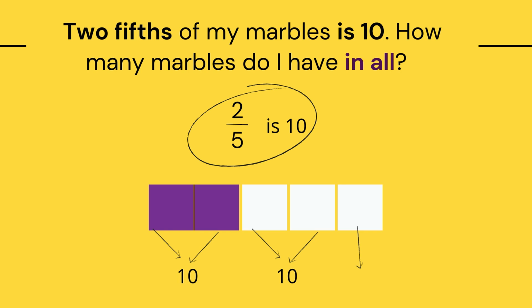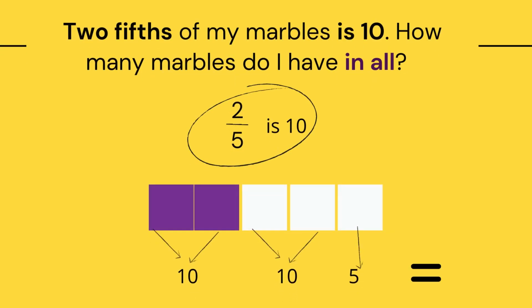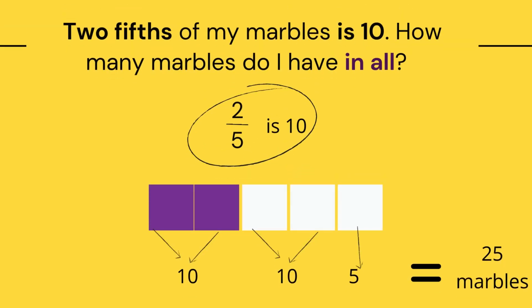Well, if 2 parts gives me 10, 1 part gives me 5. So 2/5 of my marbles is 10. I formed one group of 10, another group of 10, and I have 5 there. So 10 plus 10 plus 5 gives me 25 marbles. So this is one method that we can use to find the whole.